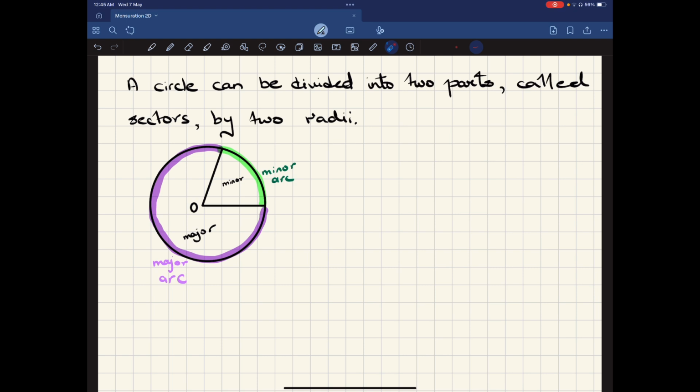O is the center of the circle and let's label this O, A, B. Okay, so O, A, and let's mark B here so that we're not confused as to which sector we're talking about. So OAPB is the major sector.